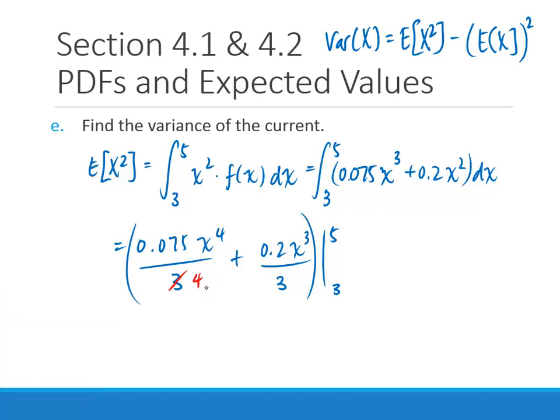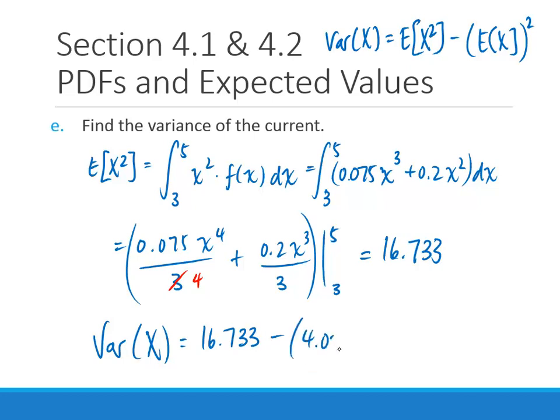This should be a 4. If you calculate that out, that should give you 16.733. And that means the variance of the current is equal to 16.733 minus 4.05 squared, which is very small, 0.3308.